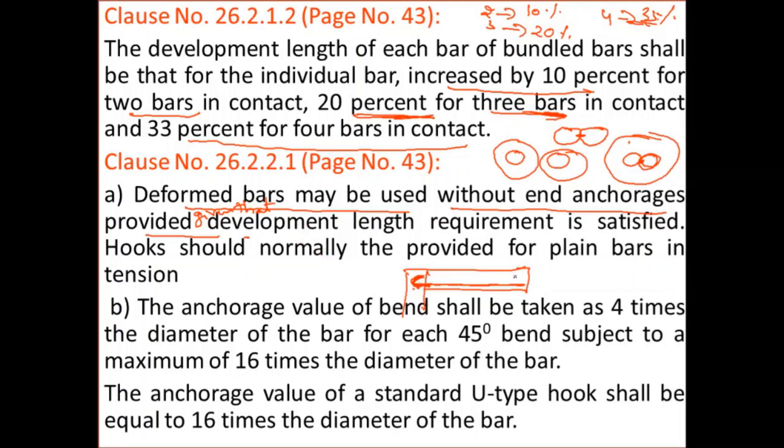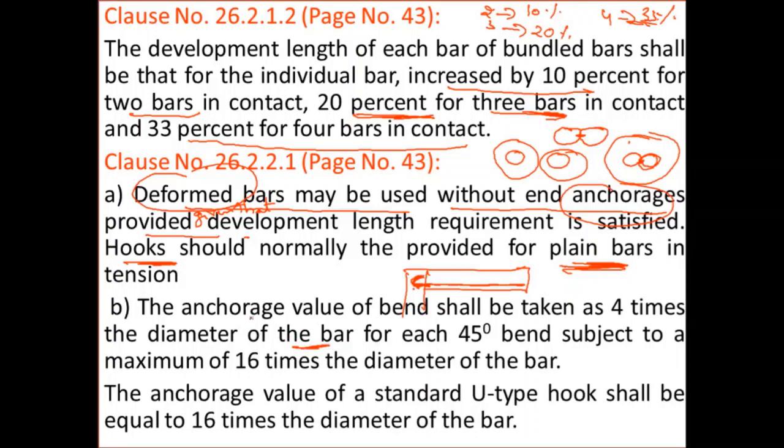But if it is plain bars, you must provide hooks. So anchorages need not be provided for deformed bars, but you should provide them for plain bars.